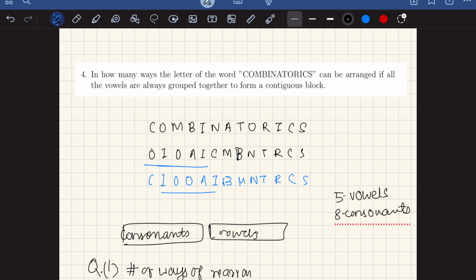So, the number of ways of rearranging the consonants.